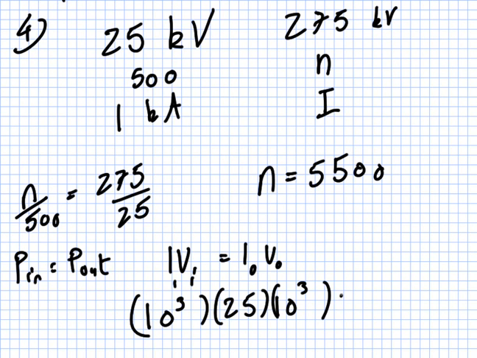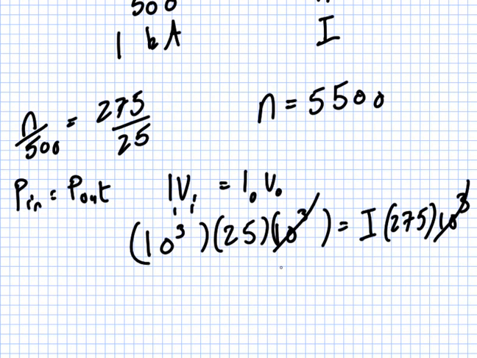The current going out is what we want, and the voltage going out is 275 kilo. So the kilo on the left and the right cancel. So we have 25 divided by 275 times 1,000. 90.91? Yes. So the I equals 90.91.